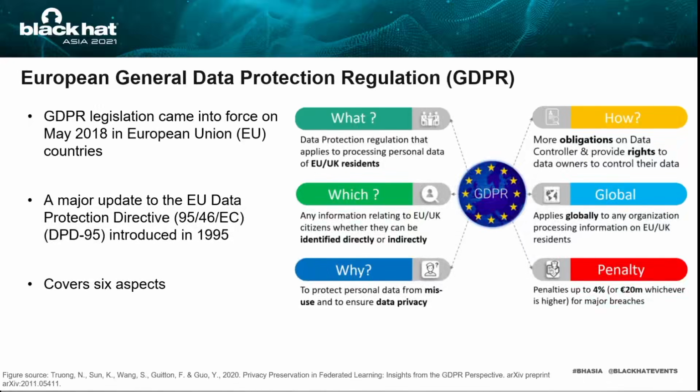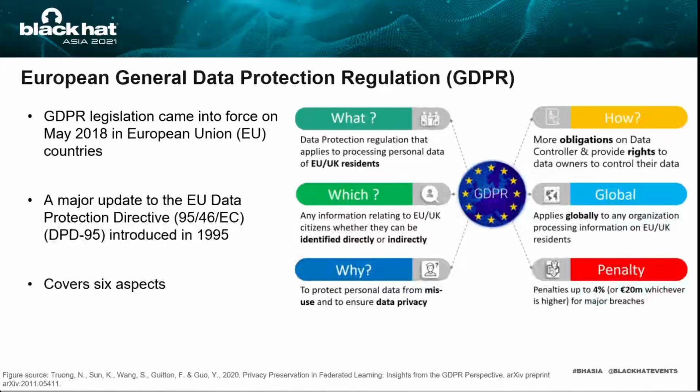The third aspect is why. Why was GDPR proposed? It is to protect the personal data from misuse and to ensure data privacy. The fourth aspect, how. Later I will give you more details in the next slide, but here you can just summarize it into 2 aspects.